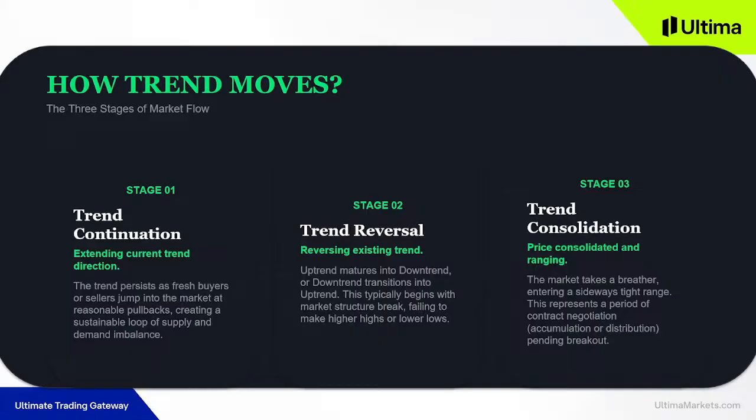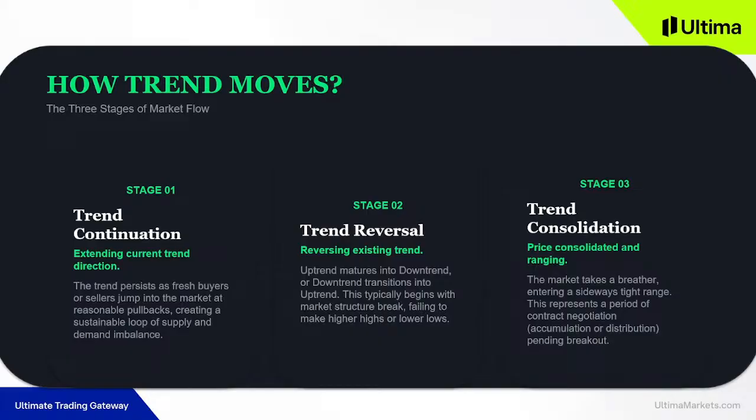And the third one is consolidation. It means the price enters a tight sideways range without any clear direction, maybe with an accumulation or distribution phase, before the next major breakout occurs. So this is how the trend moves in three ways: trend continuation, trend reversal, and trend consolidation.